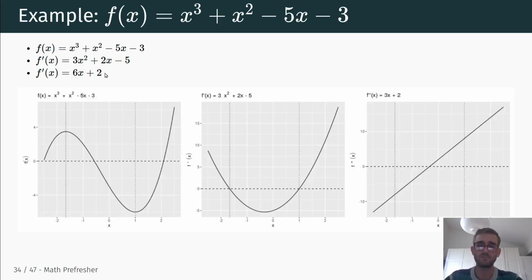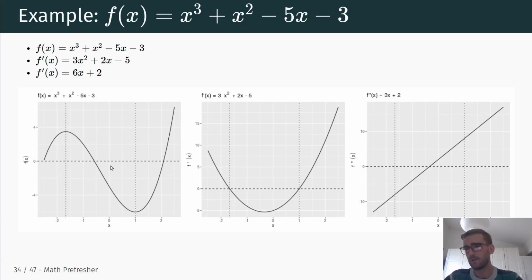but I just want to show you graphically how each of these functions looks, so you get an intuition for how this works, right? So on the left-hand side, I have the original function plotted from minus 2.5 to 2.5, and we have here x cubed plus x squared minus 5x minus 3.